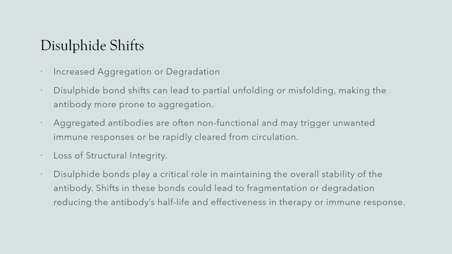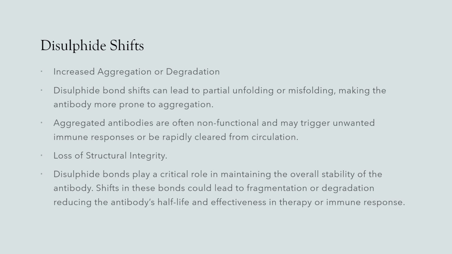Yeah, and as I said, one of the problems with disulfide shifts is aggregation or degradation. Disulfide bond shifts can weaken your antigen binding. It can impair your immune system activation if it's the FC part of the antibody. It can promote aggregation and reduce the antibody stability.